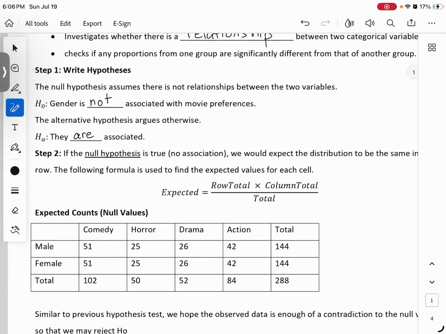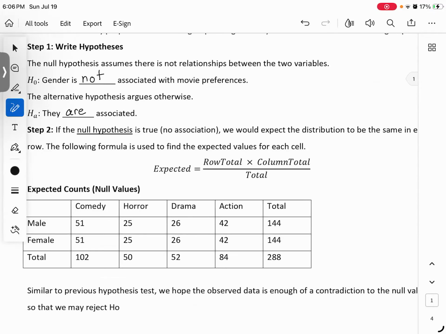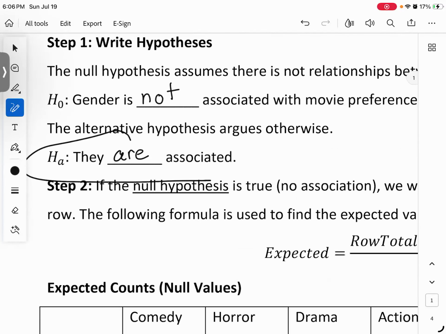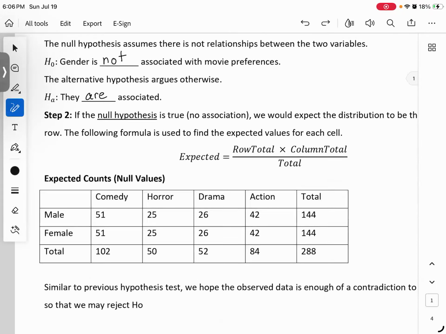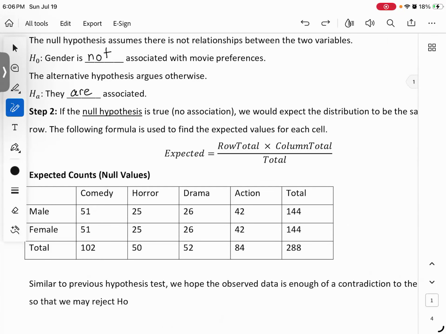Now, as usual, we are trying to argue in favor of the alternative, that there is going to be a difference for the proportions amongst the groups. We're going to need some null values. And just like any other hypothesis test, there's still going to be the assumption that the null value is true. Then we hope that we find something based on an observed statistic that contradicts it.